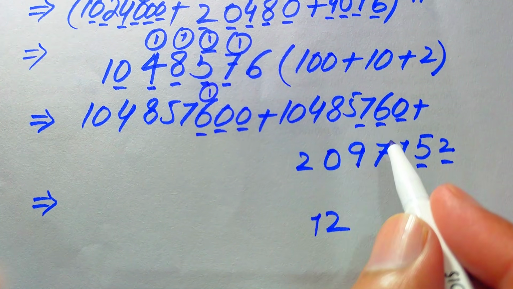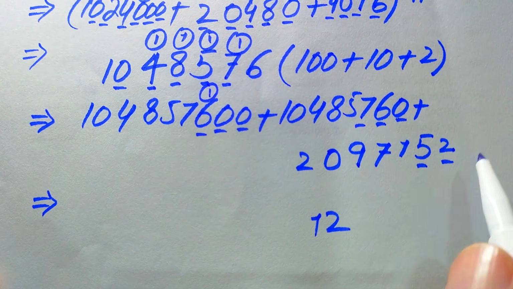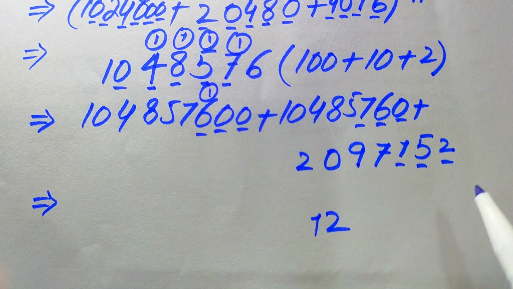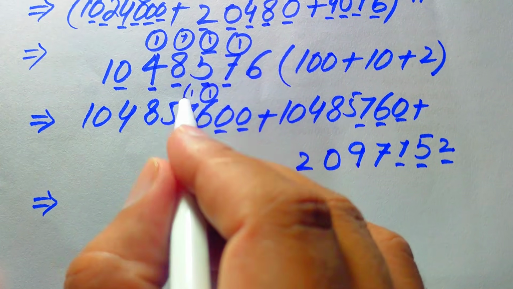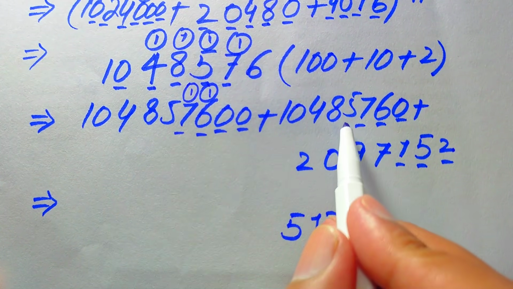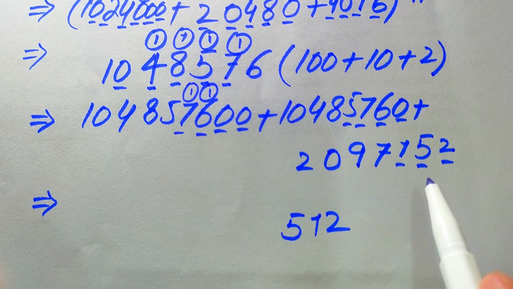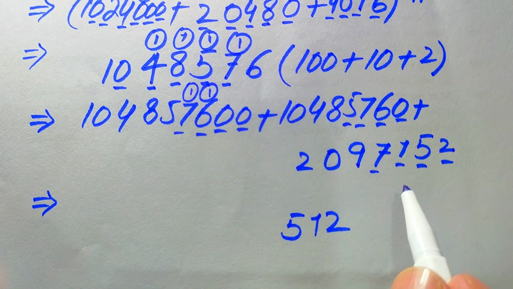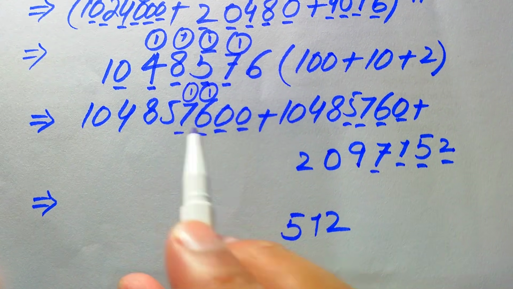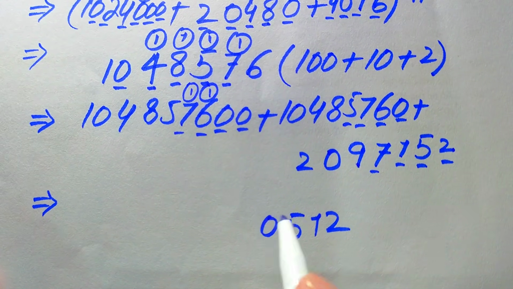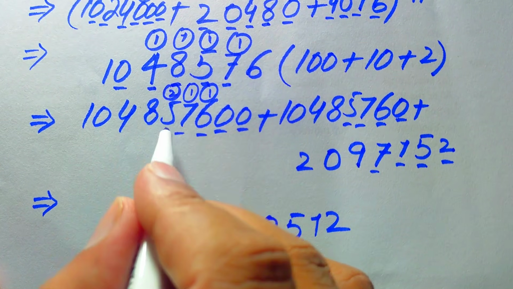This 6 plus 7 becomes 13. 13 plus 1 becomes 14. 14 plus 1 becomes 15. We write 5 and carry 1. This 7 plus 5 becomes 12. 12 plus 7 becomes 19. 19 plus 1 becomes 20. We write 0 and carry 2.